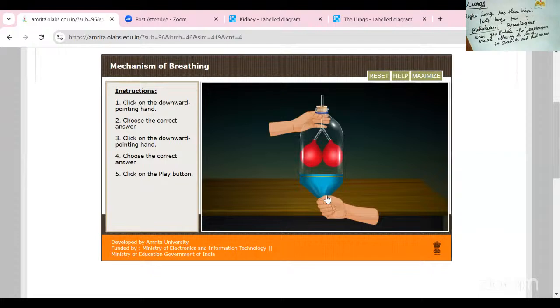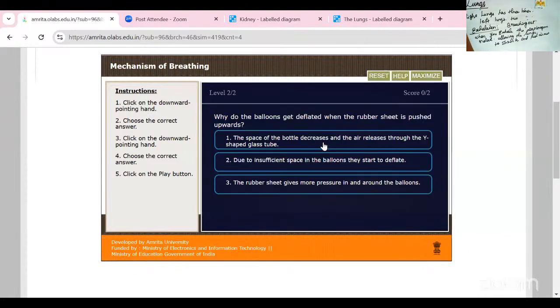And then, yes, exhalation process. The air is released from this area. Why do the balloons get deflated when the rubber sheet is pushed up? Because the space of the bottle decreases. Air releases.